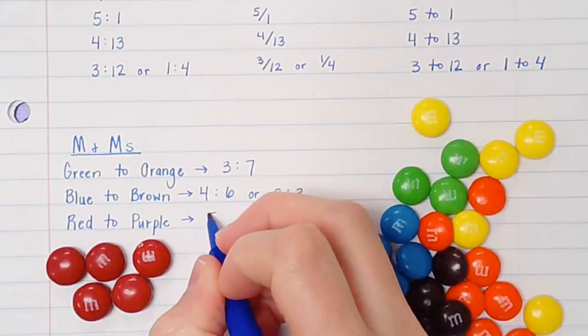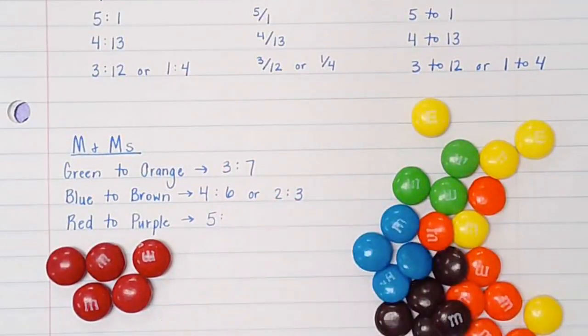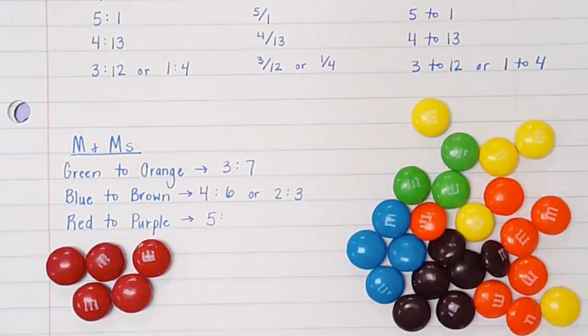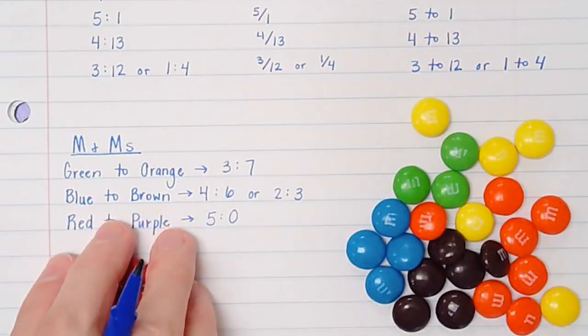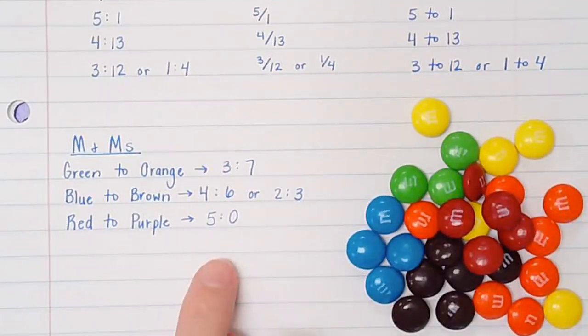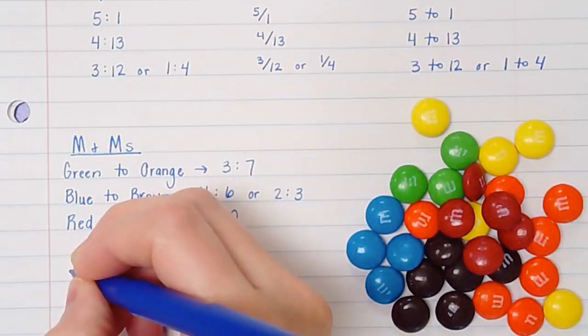Then I go looking in my batch of M&Ms and I don't see any purples. These are browns, if you can't tell. So you would just put a 0. There are 0 purples in this bag. That's because there's not a purple M&M, by the way. All of these would be considered part to part because they're parts of the entire bag.